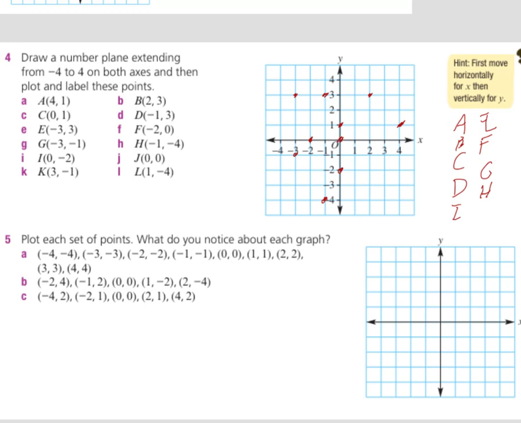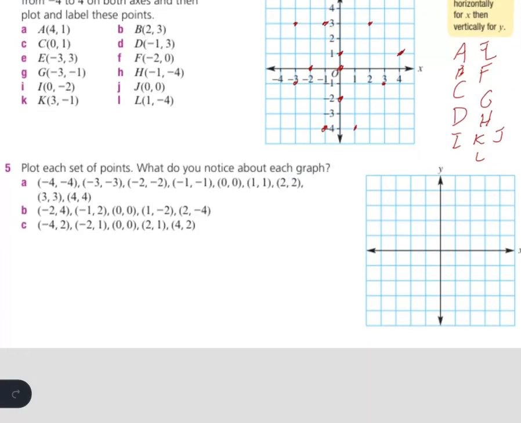K will be at 3, -1. And last one will be, A, B, C, D, E, F, G, H, I, J, K. So I'd already done J, I forgot to write it. And L will be at 1, -4. There we go, that one's done.